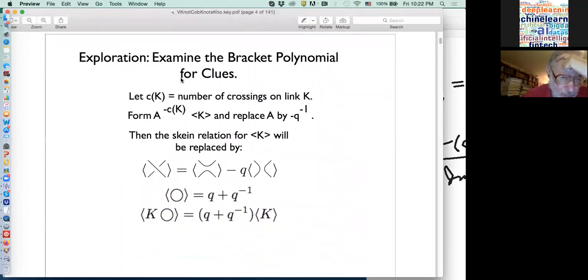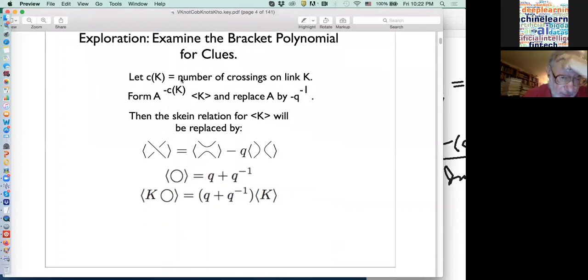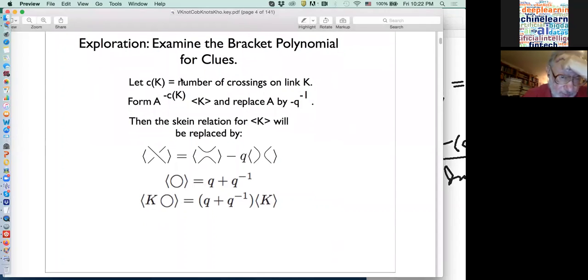Now, it turns out to be useful, and this is worth introducing now so you might get used to it, in keeping track of the bookkeeping for what we're about to do, to change the variables in the bracket a little bit. This variable change makes the value of the loop equal to q plus q inverse, no negative sign there.